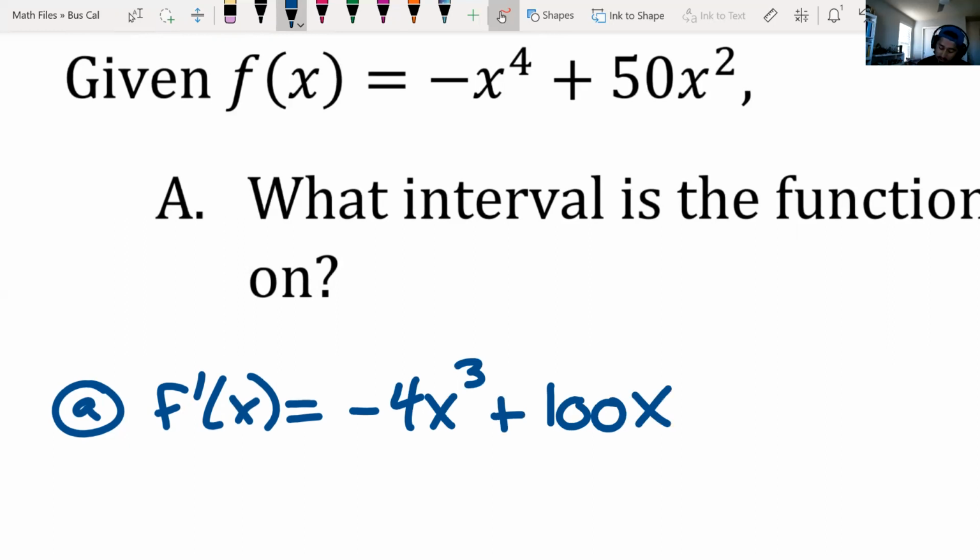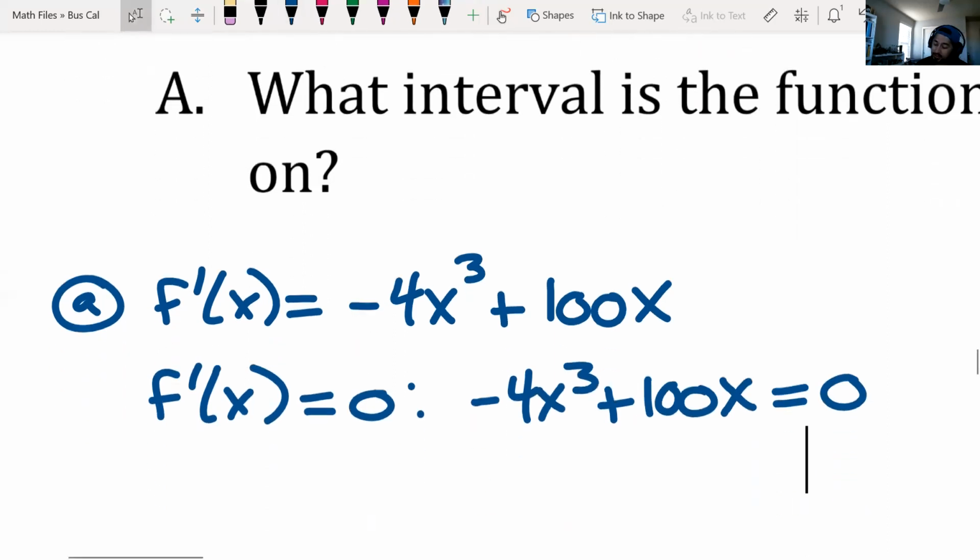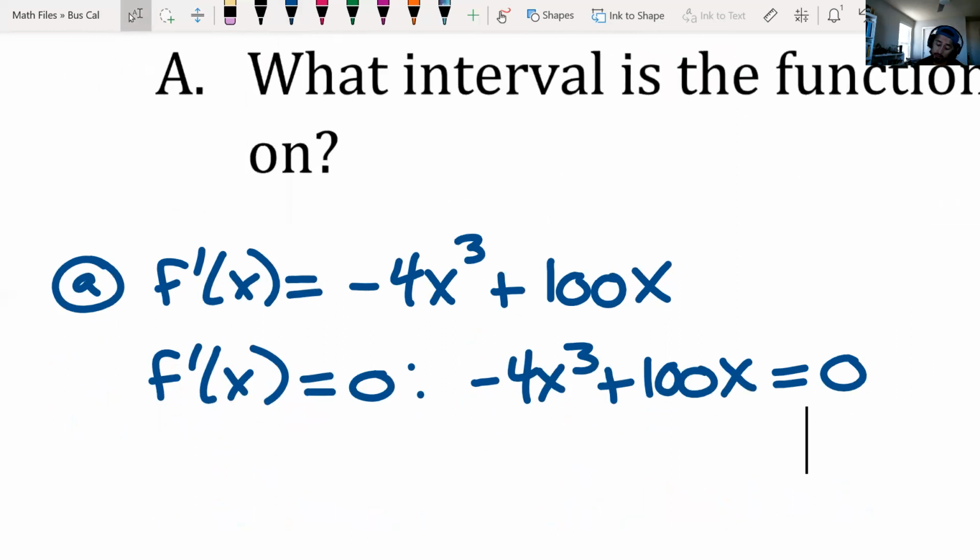And then you take your derivative and you set it equal to 0. Negative 4x cubed plus 100x equal to 0. And now we solve for x. Well, we can factor here. I have a 4 and a 100.